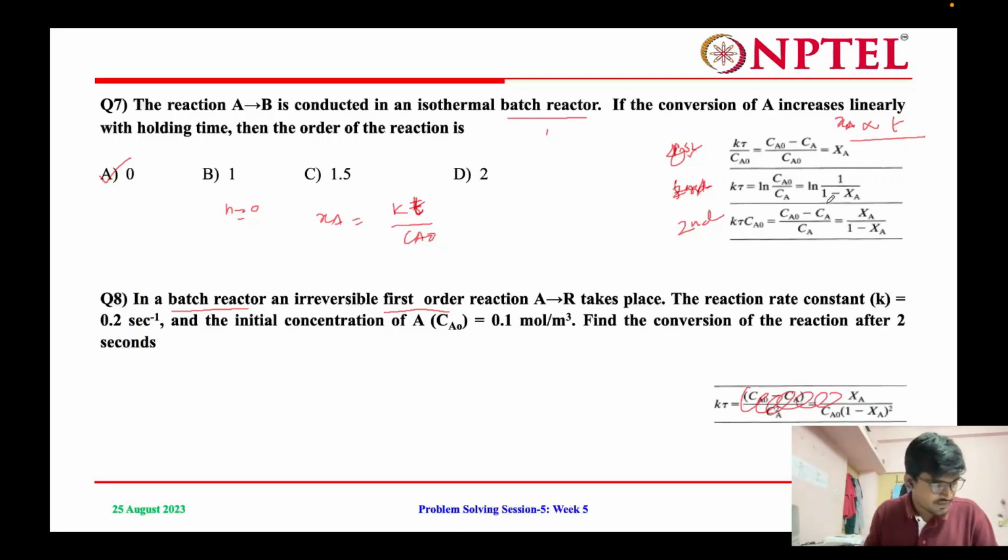So we have to use this formula, K T equal to ln 1 by 1 minus xa for first order reaction in batch reactors. So K T equal to ln 1 by 1 minus xa.